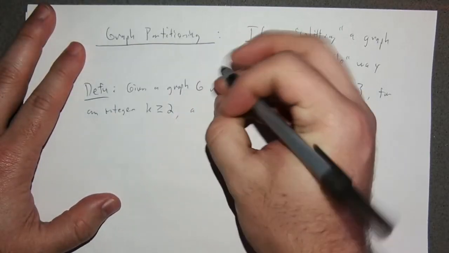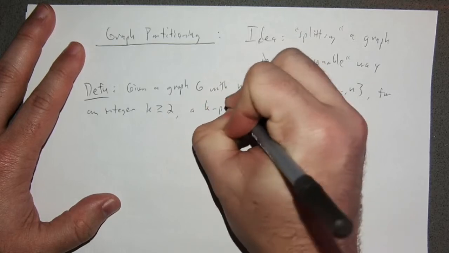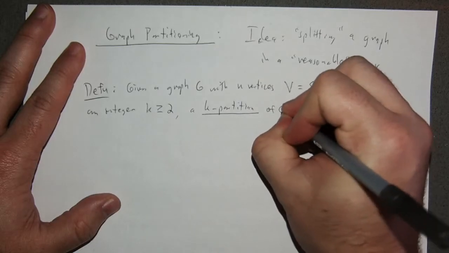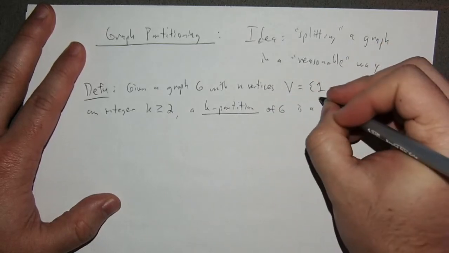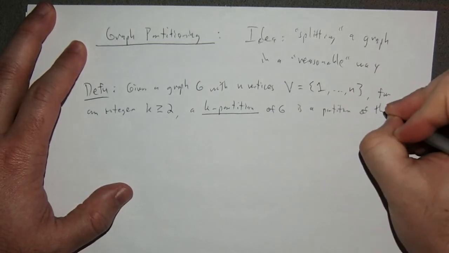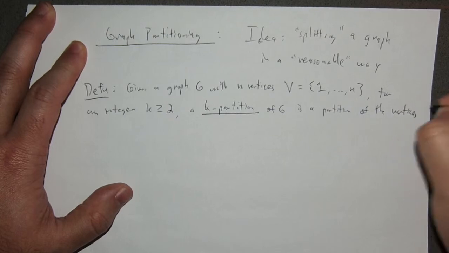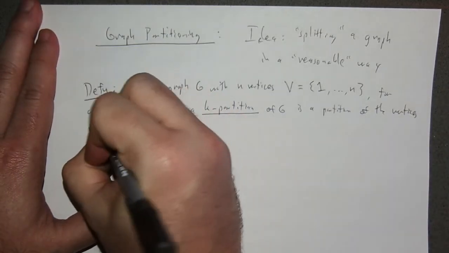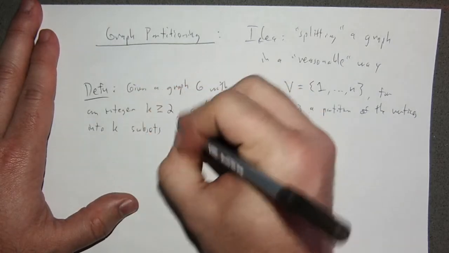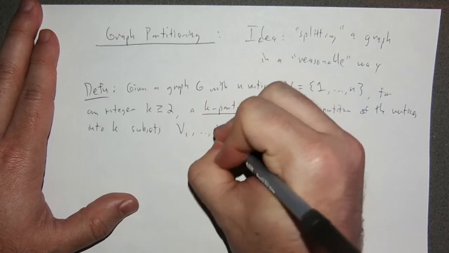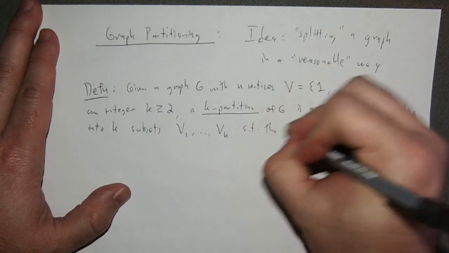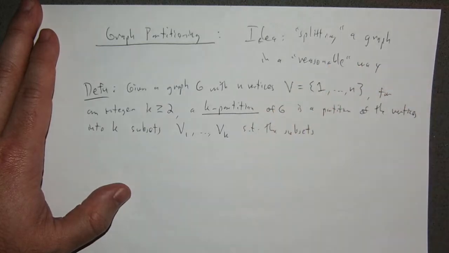So a k partition of G is a partition of the vertices into k subsets V sub 1 through V sub k, such that the subsets are disjoint, so they don't overlap.